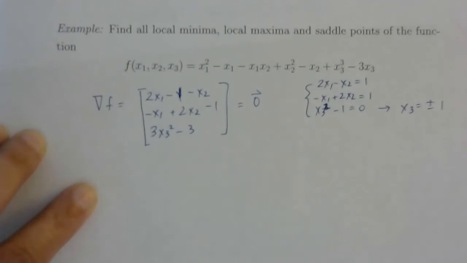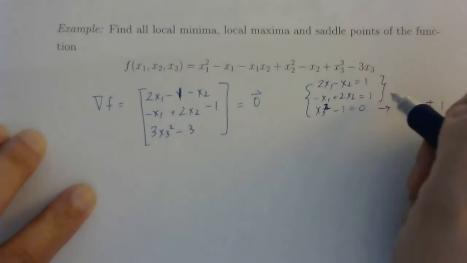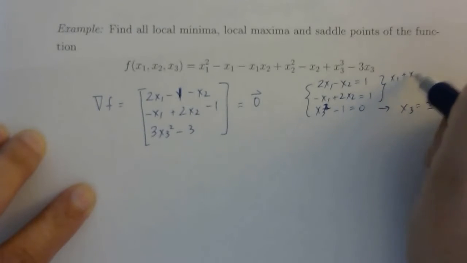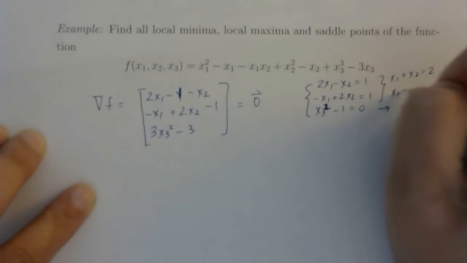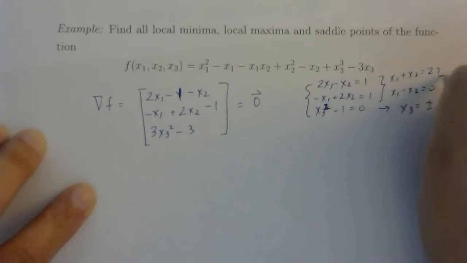So if I add those equations together, I get x1 plus x2 is equal to 2. And if I subtract them, I get 3x1 minus 3x2 is equal to 0. So I get x1 minus x2 is equal to 0.